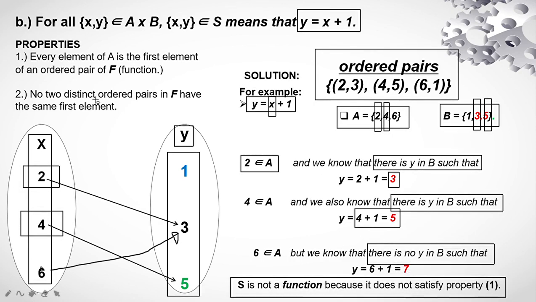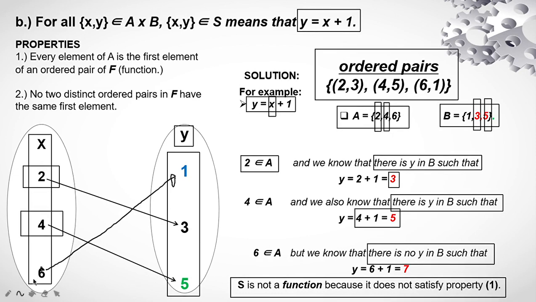Na ang sinabi ni 1, every element of A is the first element of an ordered pair of function. Okay. Let me erase this one para hindi tayo ma-confuse. Ayan. So, ibalik natin yung 6 to 1. Ayan. Okay. Sinabi ko lang kanina is kahit saan dito, yung magiging pair ni 6 is wala pa rin sa 7. Yun yung point natin dyan.